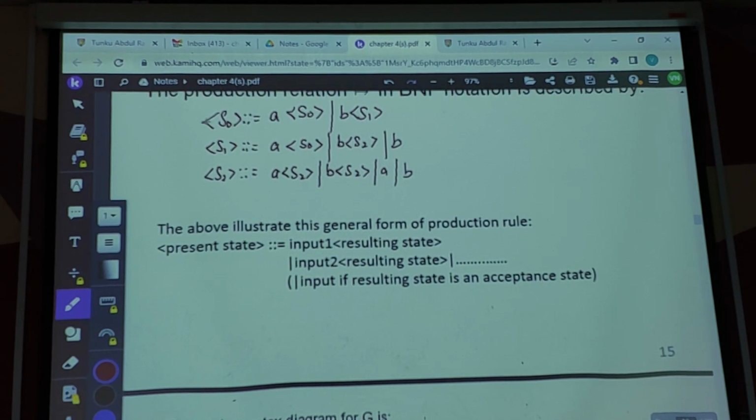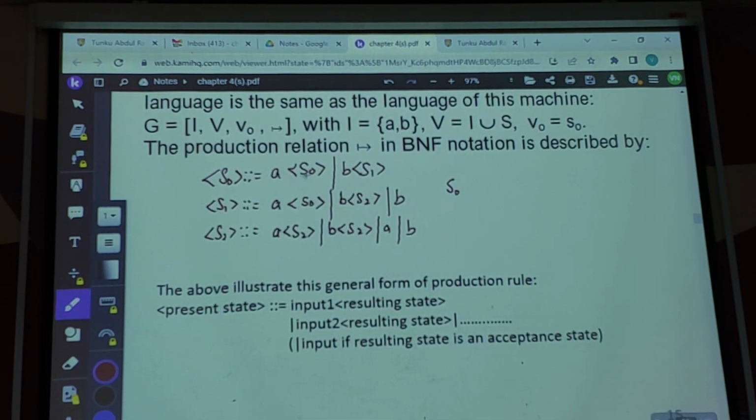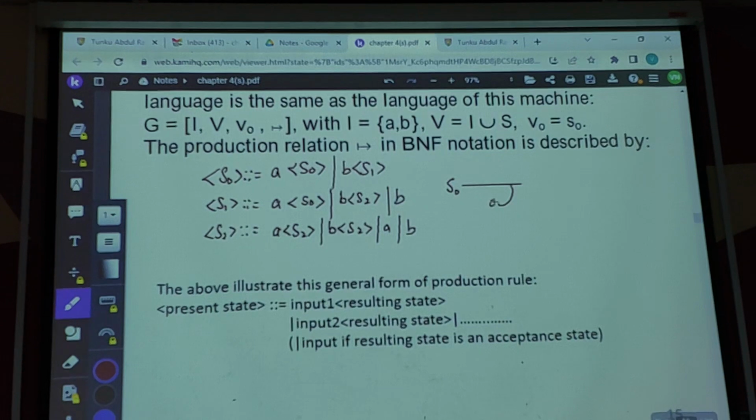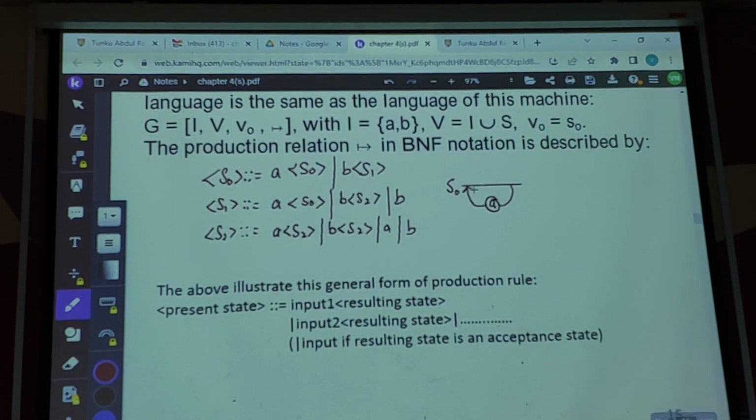So how to draw the S0 now? Start from this starting state S0. We will have a loop back to S0, right? This one, you can have a loop back to S0.